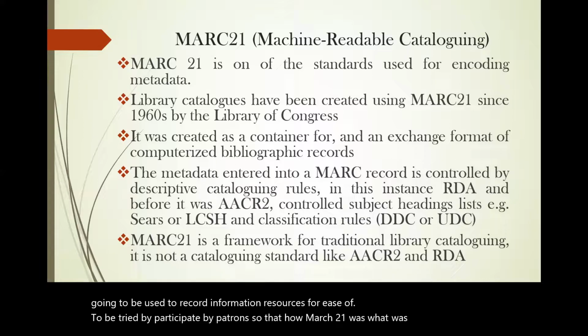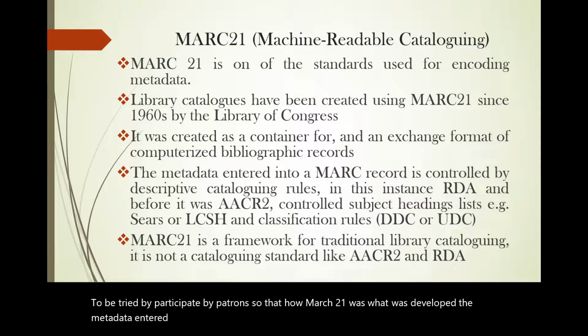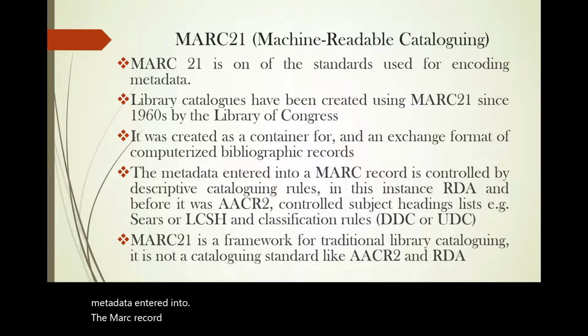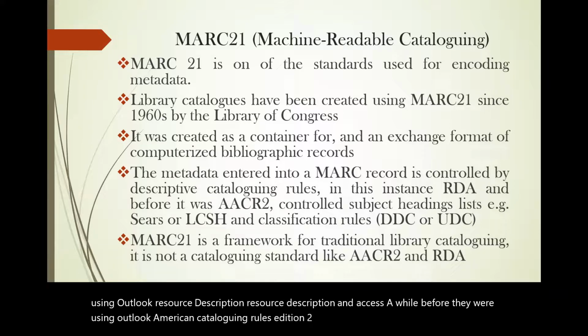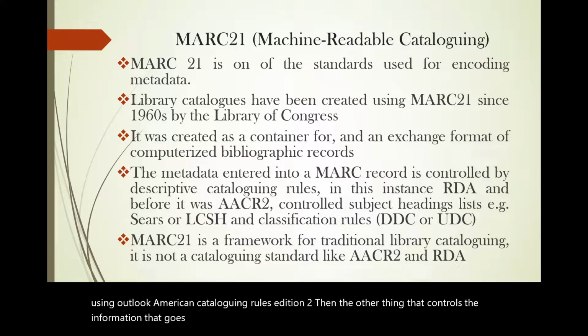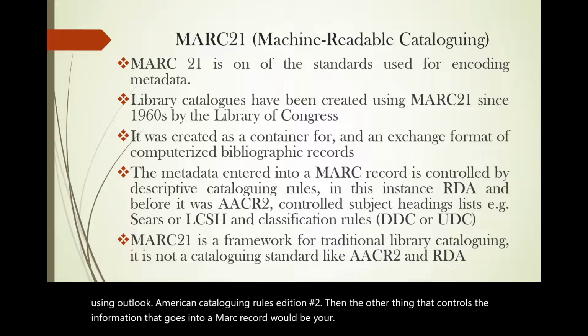The metadata entered into the MARC record is controlled by descriptive cataloging rules. In this instance, we will be using Resource Description and Access, while before they were using the Anglo-American Cataloguing Rules, edition number 2. Then the other thing that controls the information that goes into a MARC record would be your controlled subject headings.